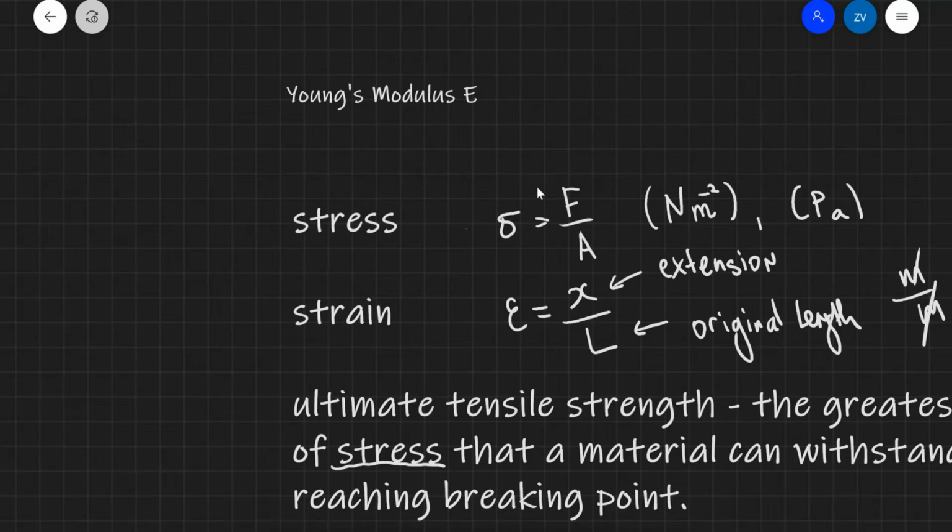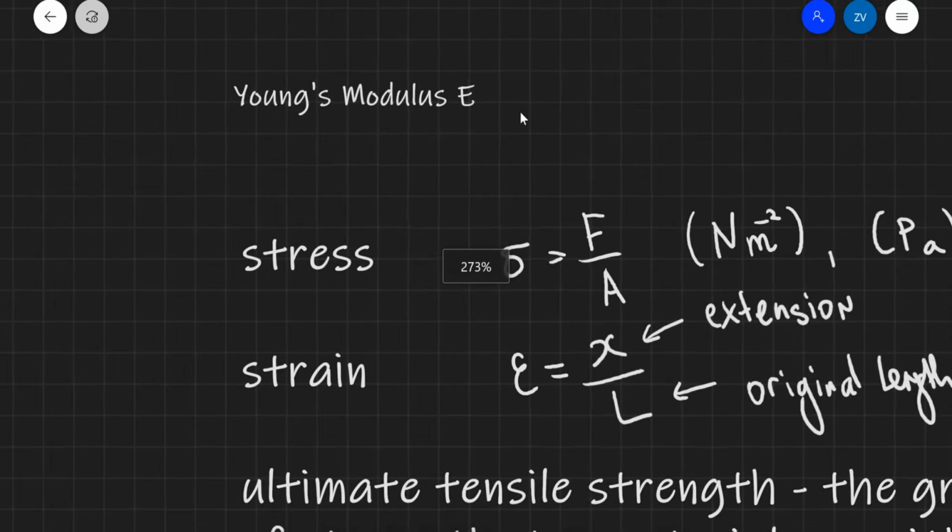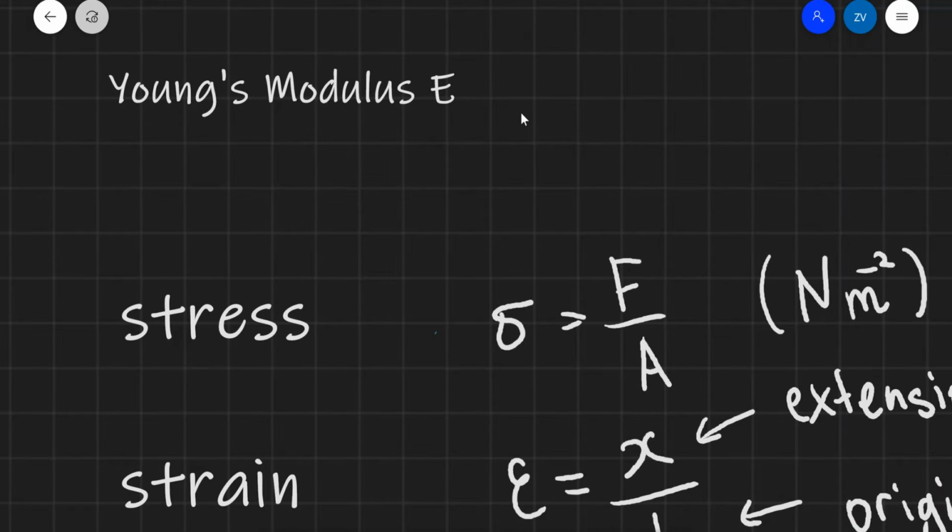We can combine those two quantities, stress and strain, into a quantity which is known as Young's modulus, which is given the symbol E in your formula booklet if you're doing OCR physics. And this quantity, Young's modulus, is stress, or in particular tensile stress.